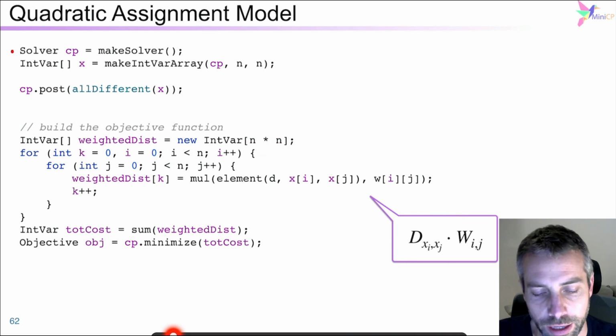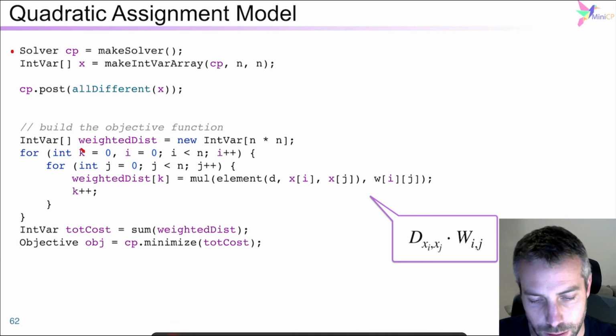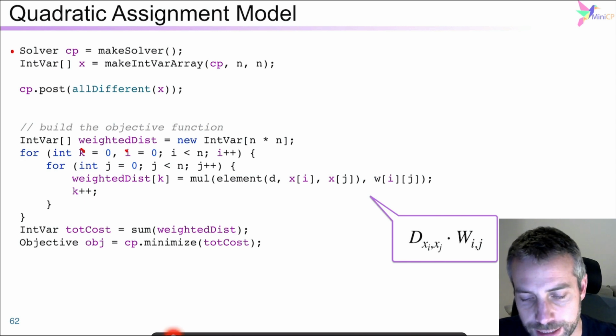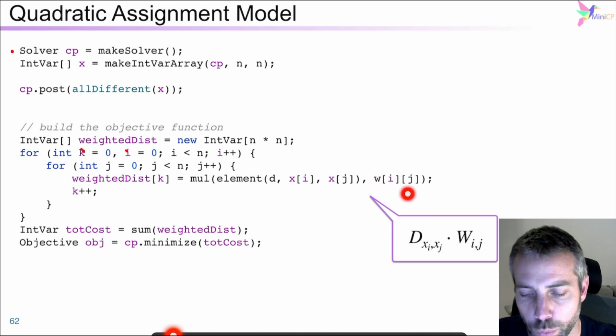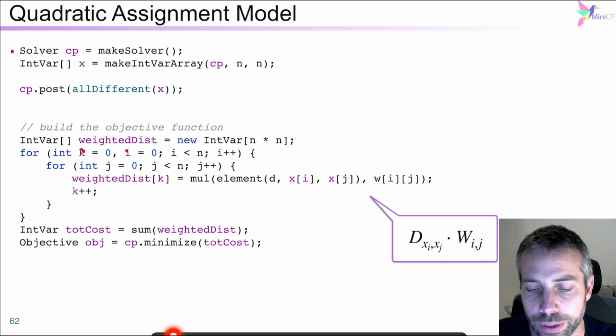Okay, so here I have my internal loop so that I consider every pair ij. So what I will do there is that I will multiply the weight between i and j by the distance that separates the two facilities i and j, depending of course on where I have placed these two.